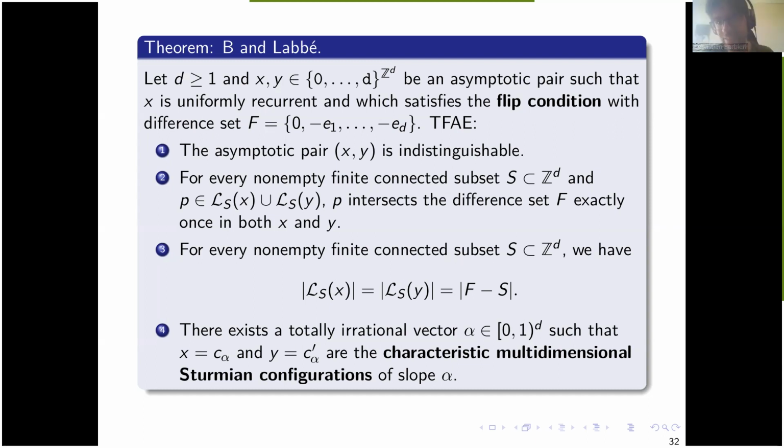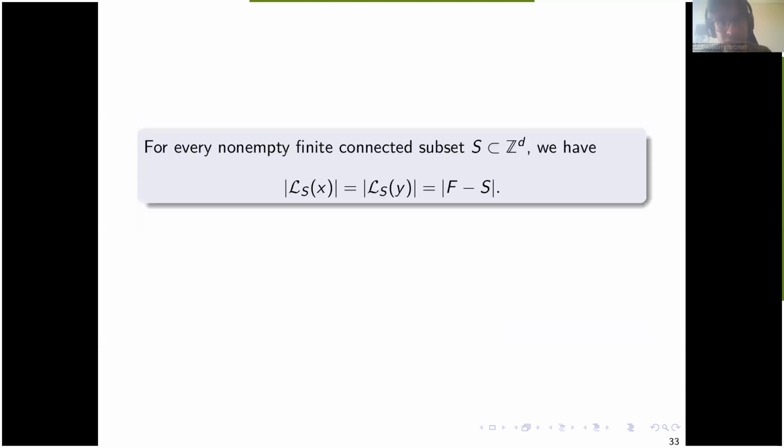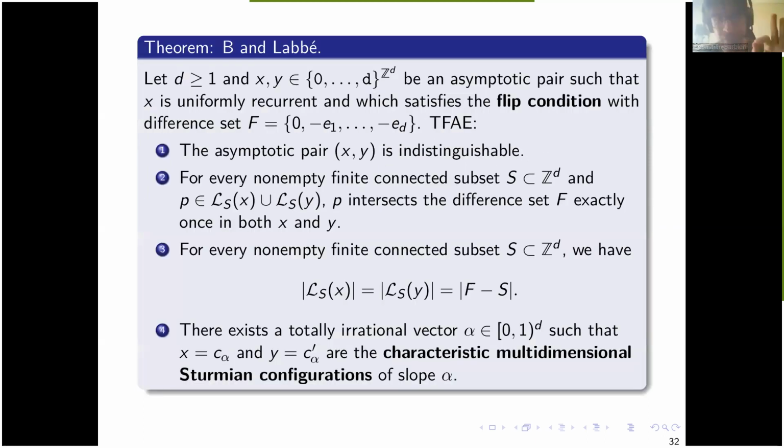And these things must necessarily be the characteristic multidimensional Sturmian configurations of slope alpha. I'm not putting the whole proof here because the proof is considerably harder than dimension 1. There's a lot of technical lemmas and things I don't want to bore you with. But let me just focus on the third part of the characterization.